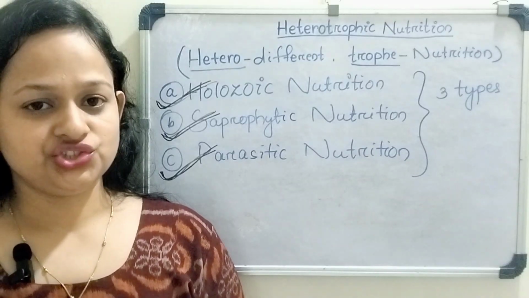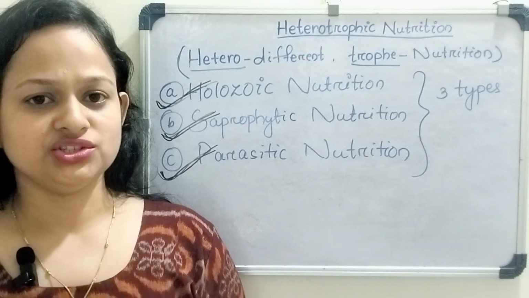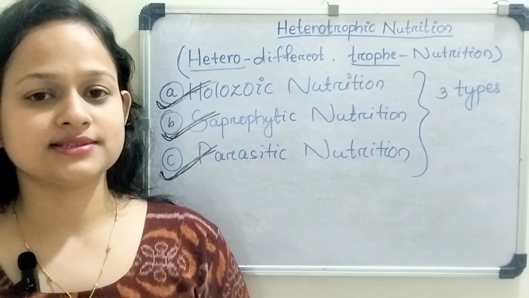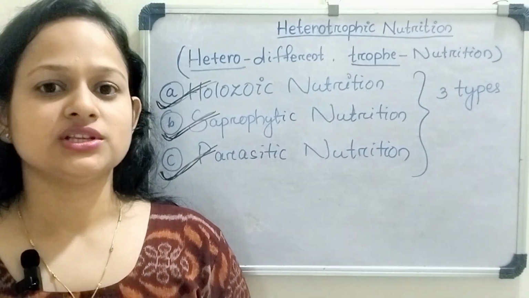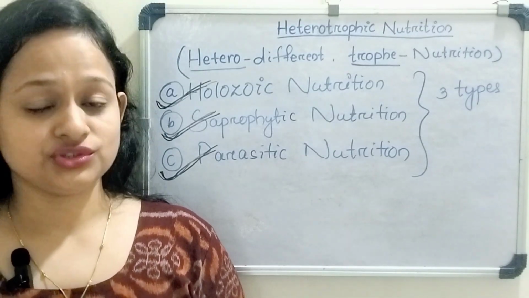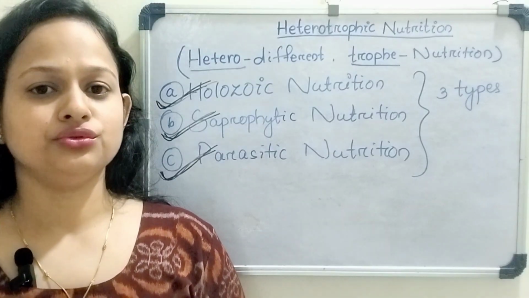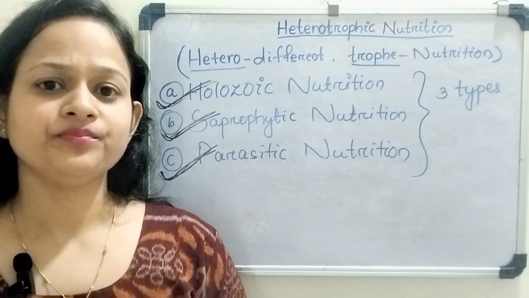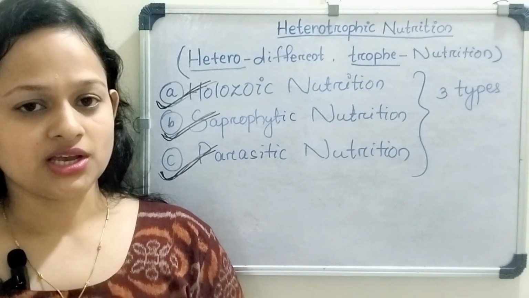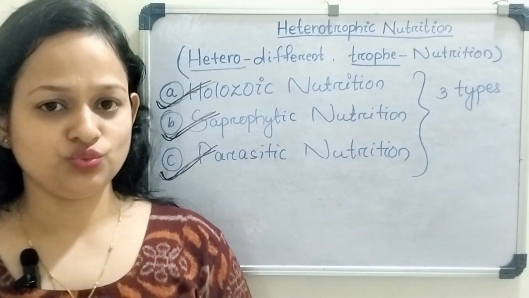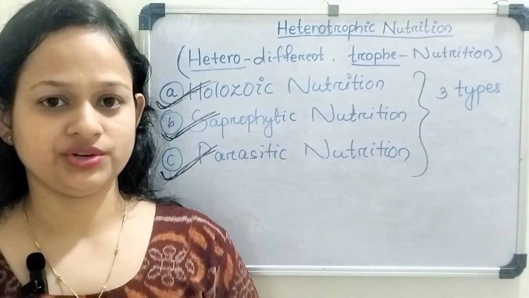It is the mode of nutrition in which the organisms take in complex organic material from plants and animals as a whole by the process of ingestion, which is subsequently digested and absorbed. The examples are most animals like humans and protozoan protists.